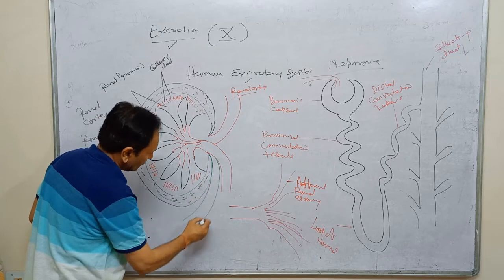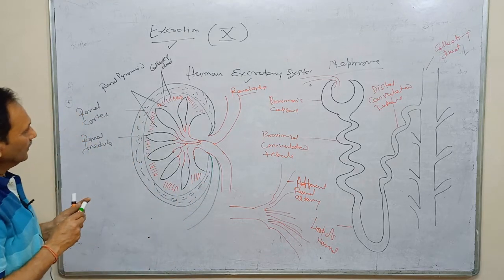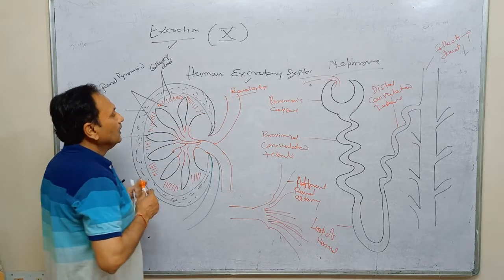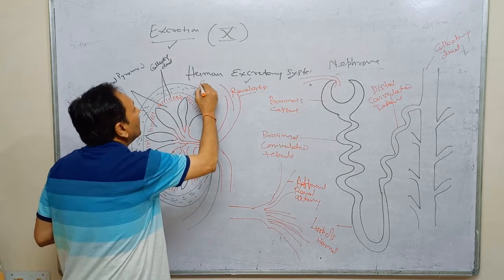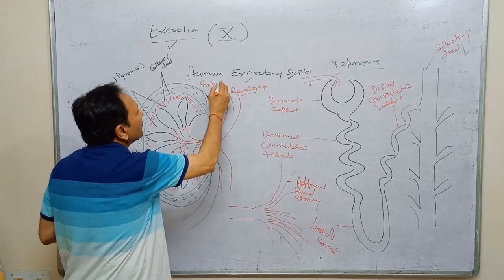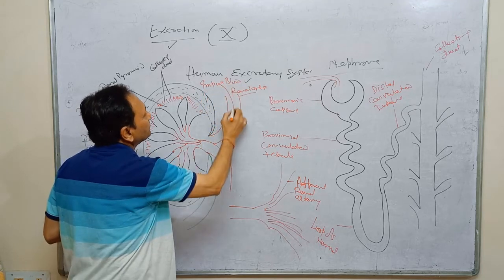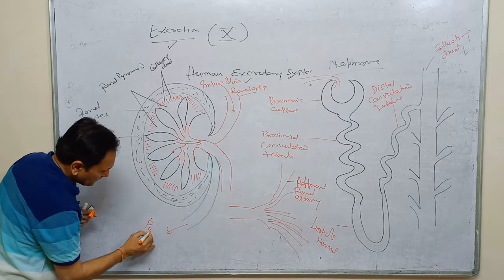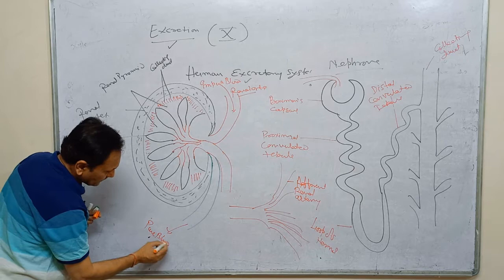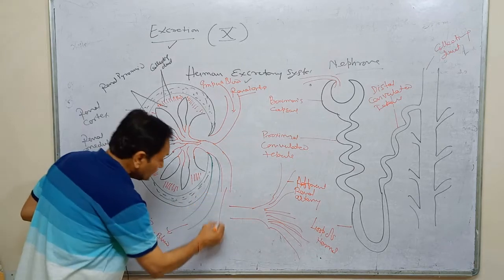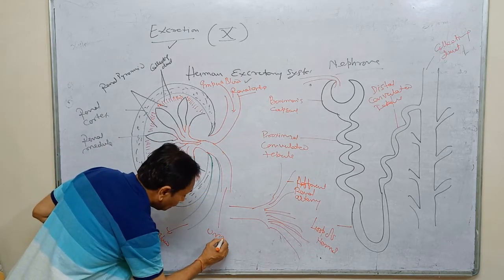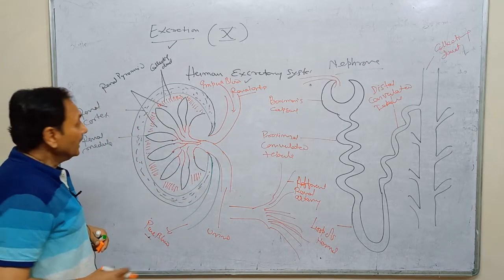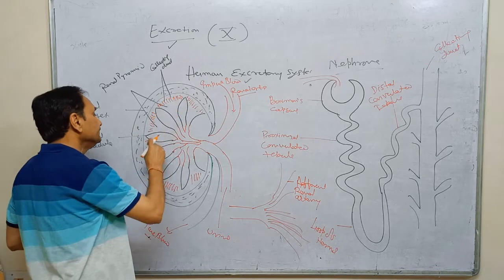Just understand it. Renal artery, impure blood. Renal vein, pure blood, and this is urine.